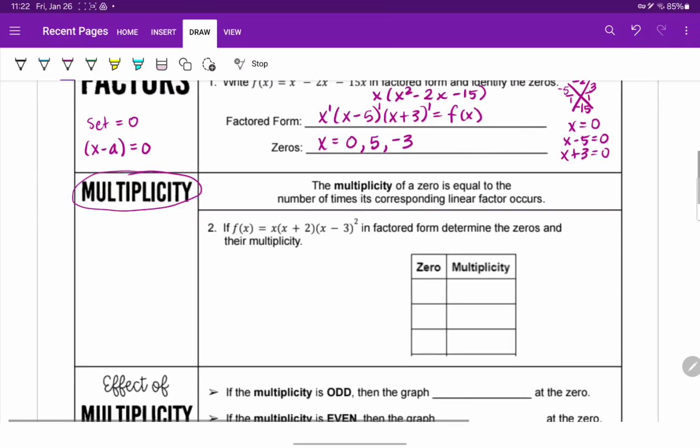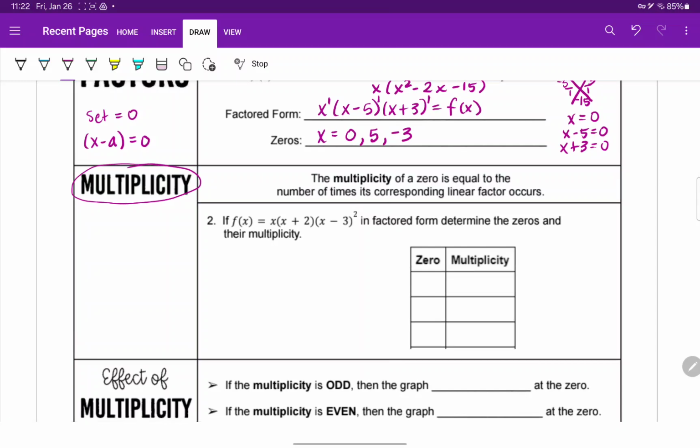So now as I look at the second example, I've already factored. Let's talk about the zeros, and then we'll add in that multiplicity. So for the first factor, we have an x. That means our first 0 is x equals 0. The power on the x is a 1, which means this would have a multiplicity of 1.